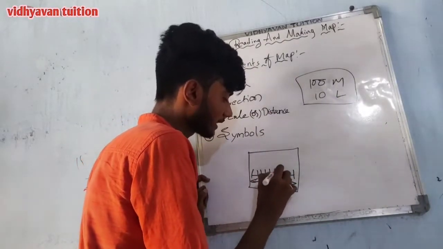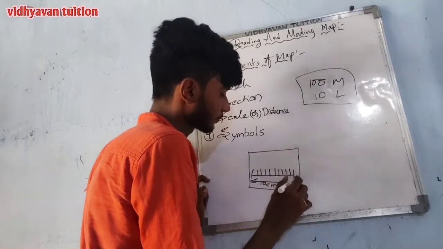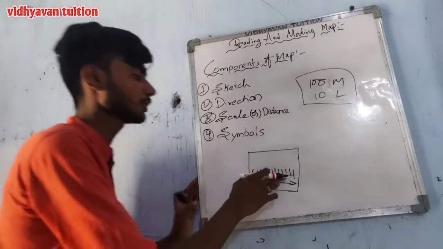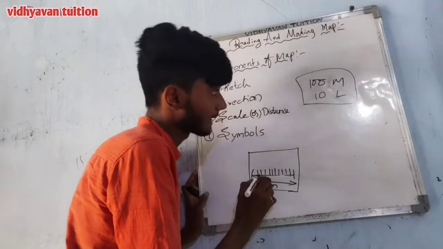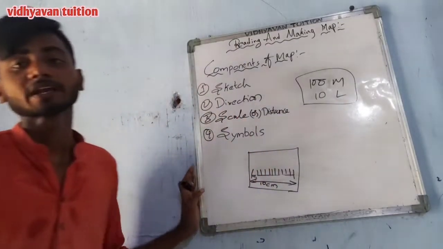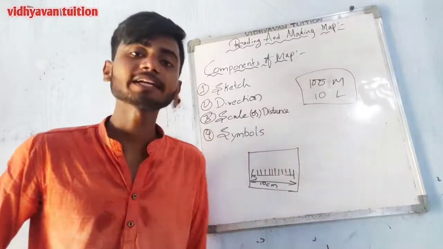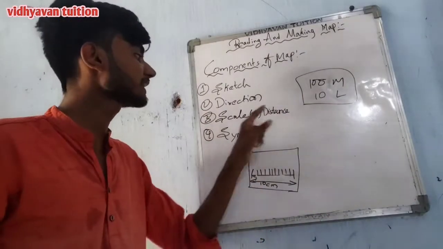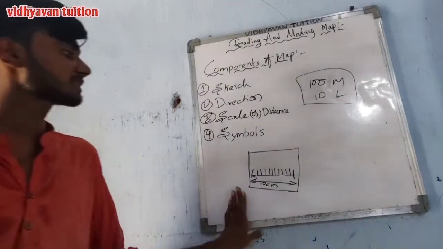He drew 10 lamps and showed 1 centimeter as 10 meters. Like that he measured one scale. By this he completed his project work by showing the actual distance using the scale. This is about the scale.